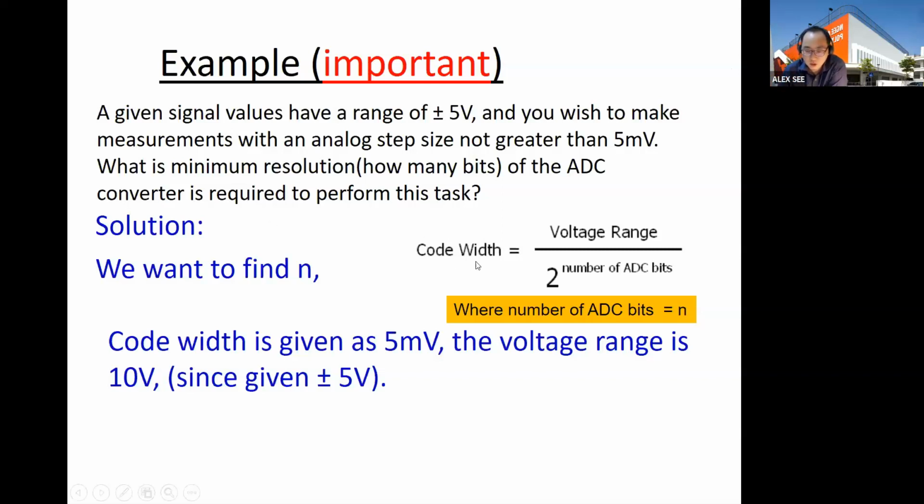For example, what is code width? Code width is determined by the voltage range, because otherwise the ADC is just a digital chip. So it will take in the voltage and divide by the number of codes, 2 to the power n, where n is the number of digitizing bits.